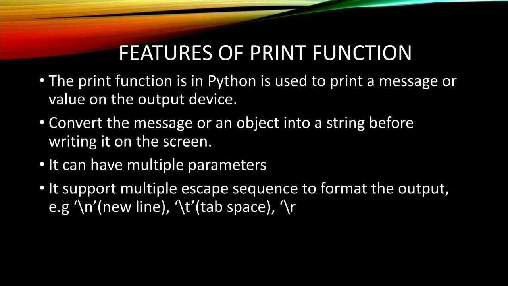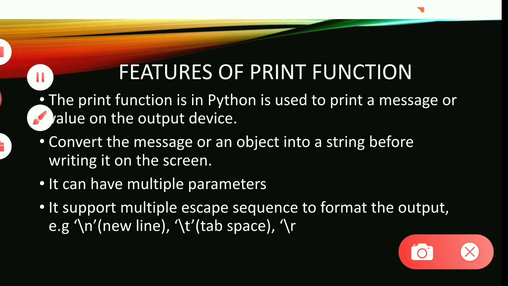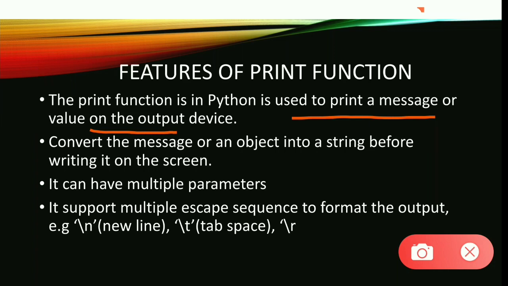What is print function? Print function is used to print the message or value on the output device. Means it gives us the functionality to print the message as output. We can use a print function with the input function. We can use both at the same time.